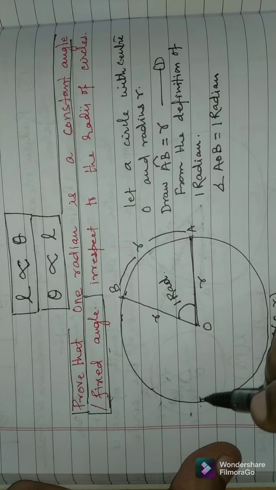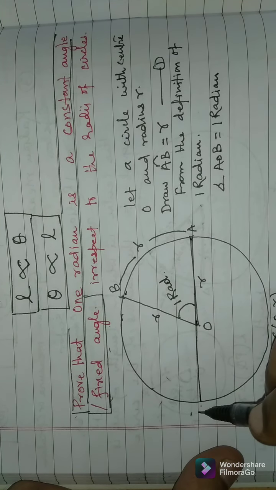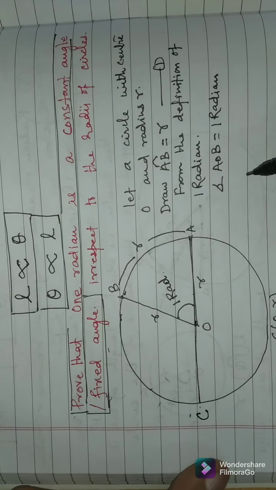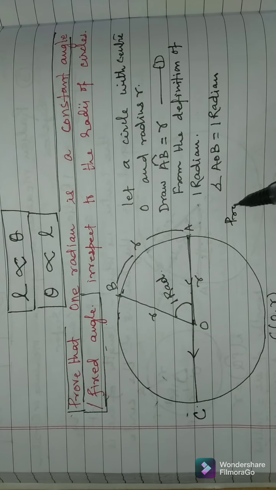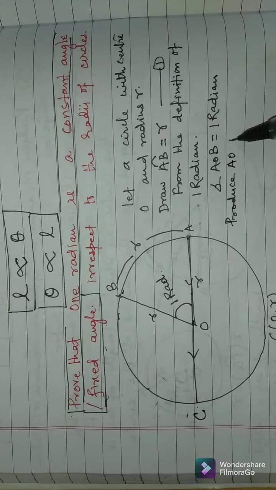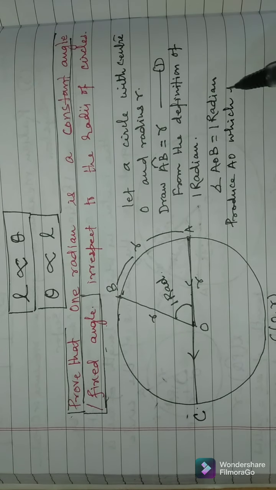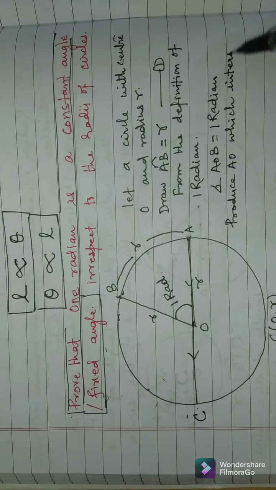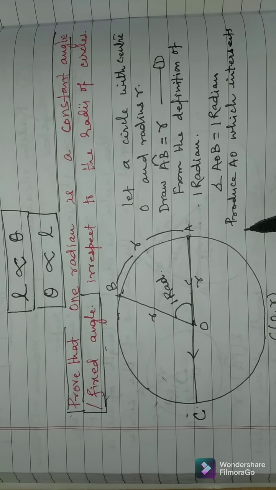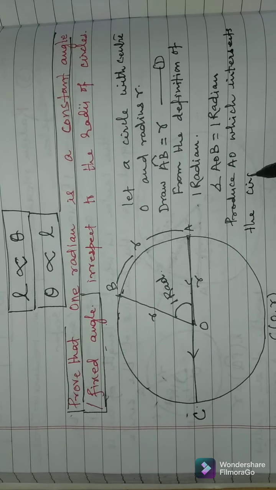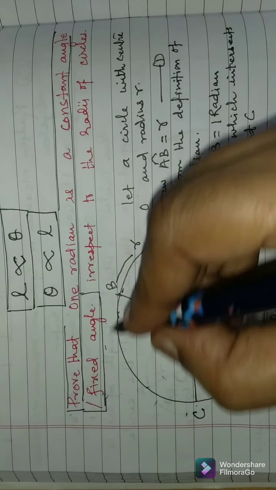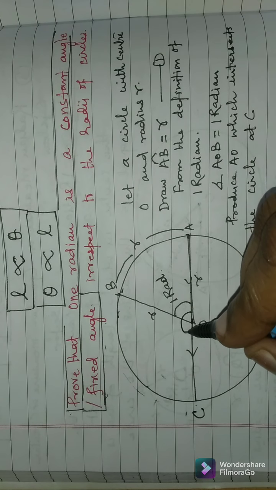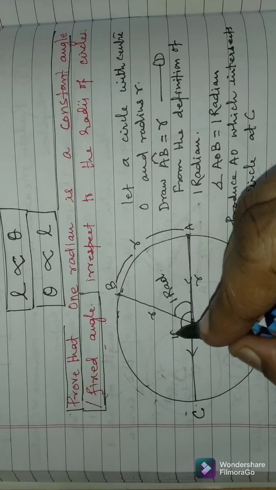Produce AO, supposing it intersects the circumference of the circle at C. So here, produce AO which intersects the circle at C. Now this arc makes how much angle here? 180 degree.